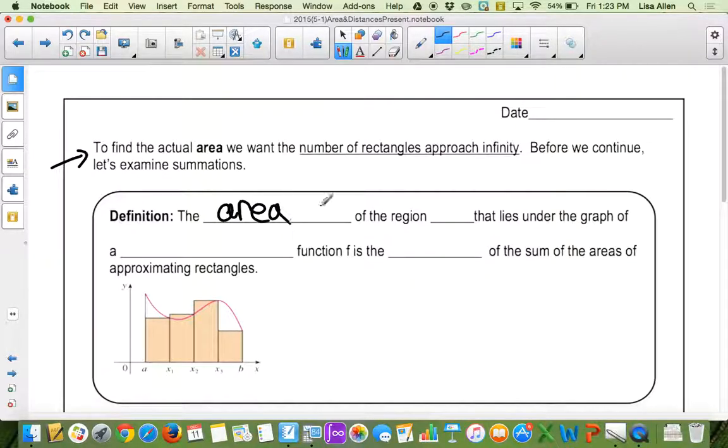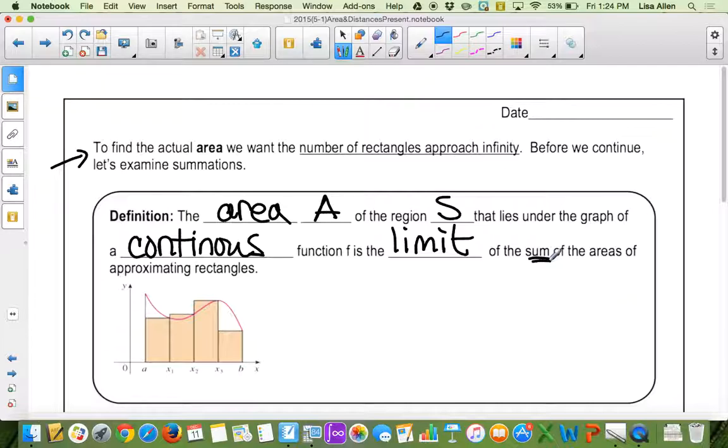The area A of a region S that lies under the graph of a continuous function f is the limit of the sum of the areas of approximating rectangles.